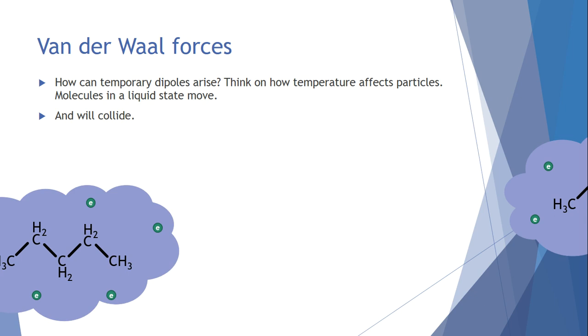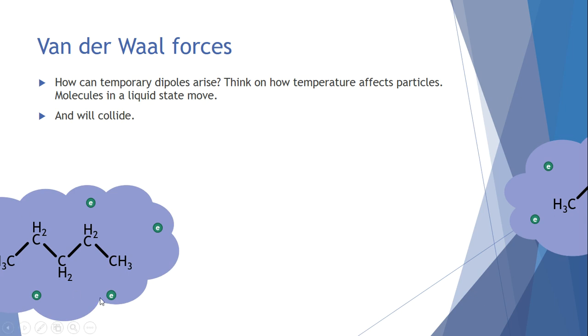Well, you need to think about liquids or gases and how particles can move in liquids and gases, and whenever particles can move, they will collide. And this moves so fast it's impossible to imagine, but we're going to slow time down a lot with our model and just think about what happens when two molecules collide.